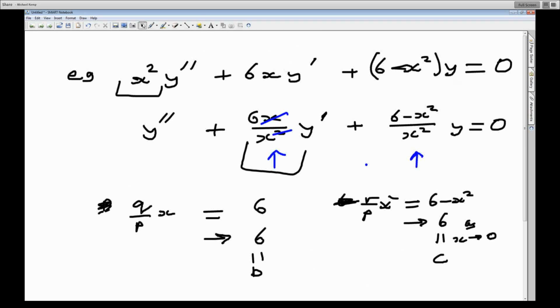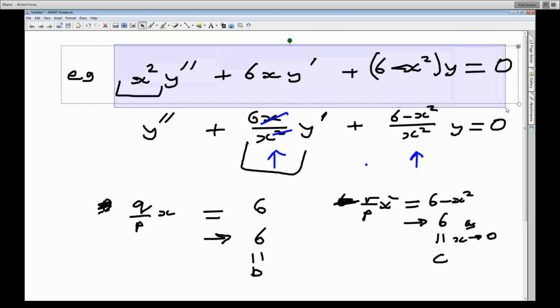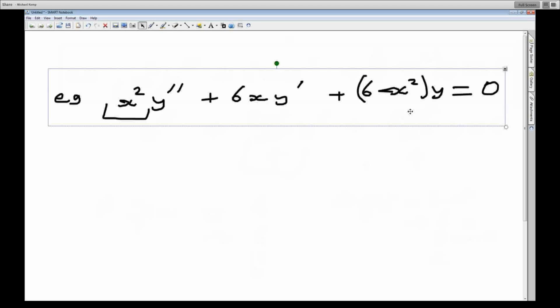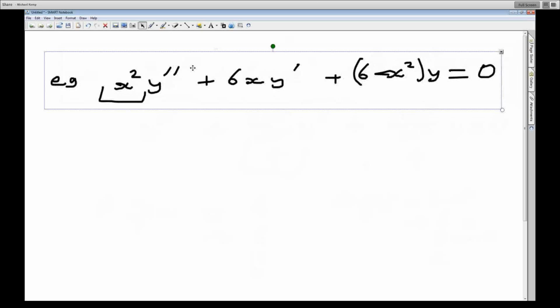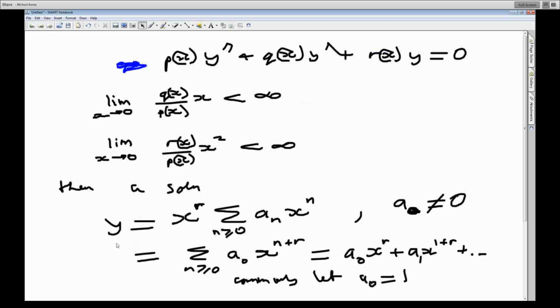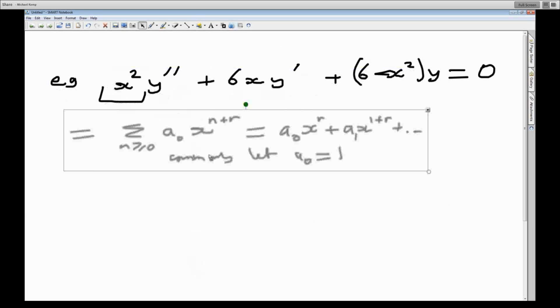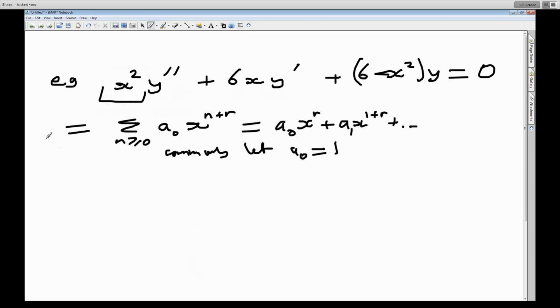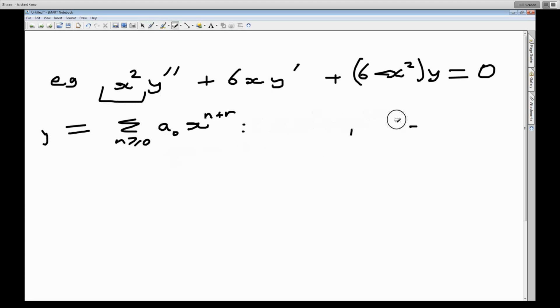Let's do an example up here. This is our example. This is the sort of solution I'm going to try. So y is just a_n x^(n+r). What I want to do is sub that into this expression here.